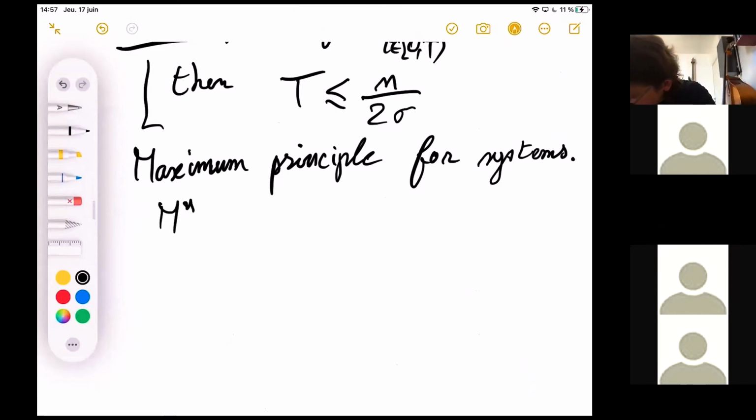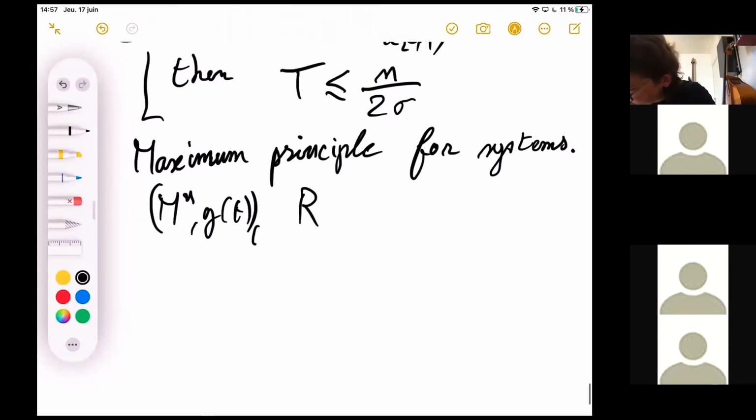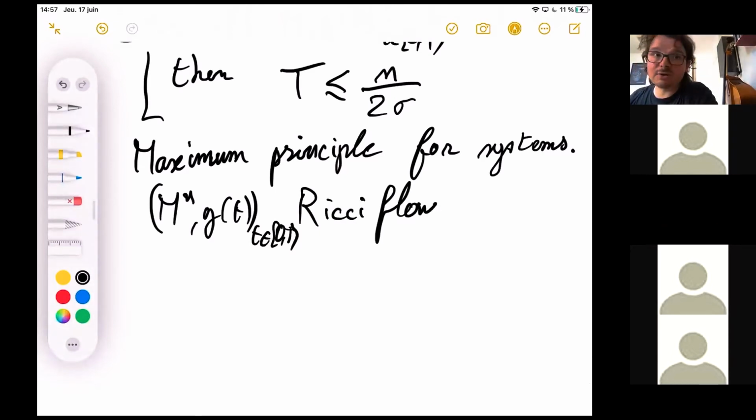We will just state it for the evolution of the curvature operator here. Let (M^n, g(t)) be a solution to the Ricci flow. We can assume that M is compact to be safe.